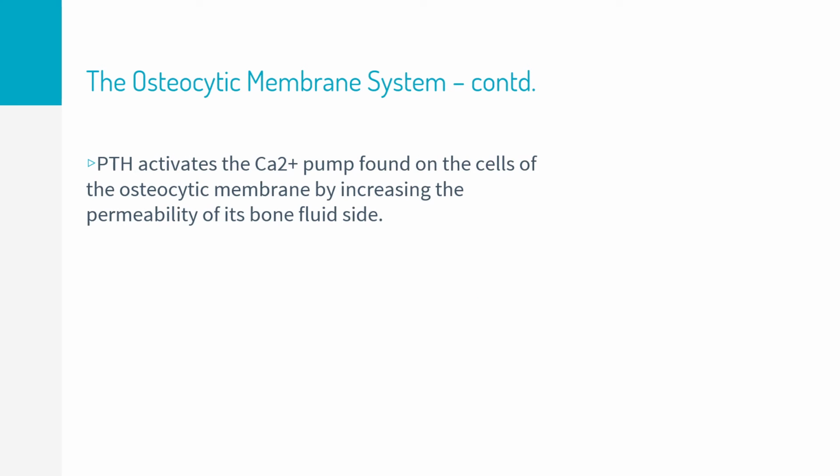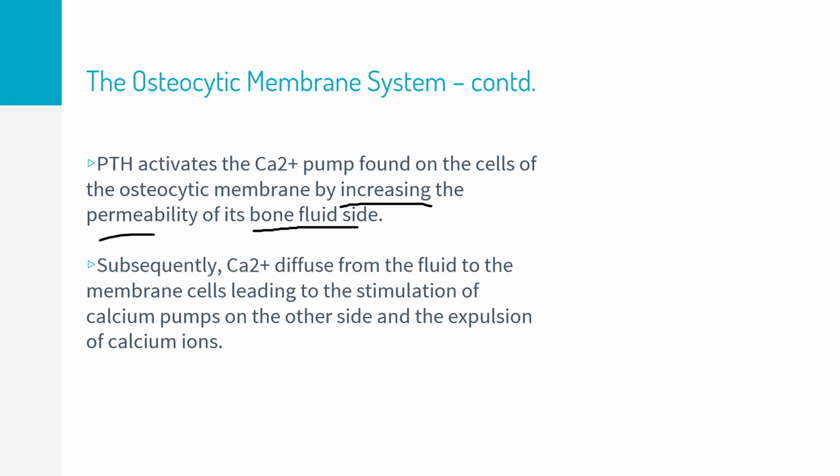Okay, so apparently the parathyroid hormone activates the calcium pump found in the cells of the osteocytic membrane by increasing the permeability of its bone fluid side. Subsequently, calcium diffuses from the fluid to the membrane cells, leading to the stimulation of the calcium pumps on the other side and the expulsion of calcium ions.